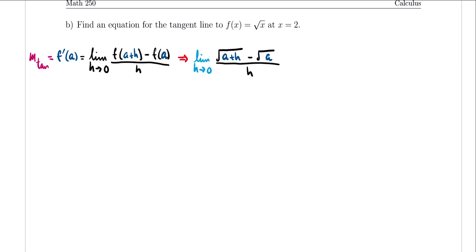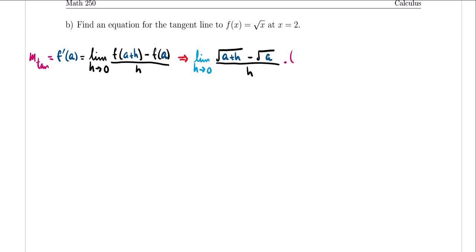Now, if we evaluate the limit using direct substitution, we would get the indeterminate form 0 over 0. But by now, hopefully you've practiced enough problems involving radicals to know that to simplify this limit, we would need to multiply by the conjugate of the numerator.